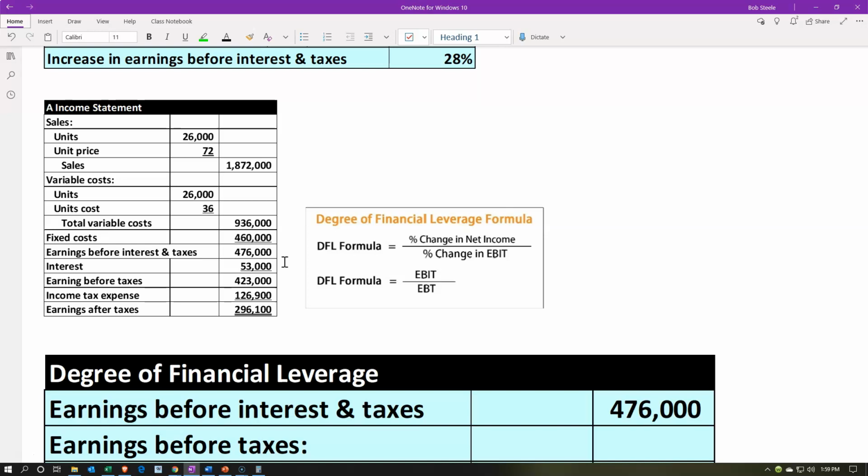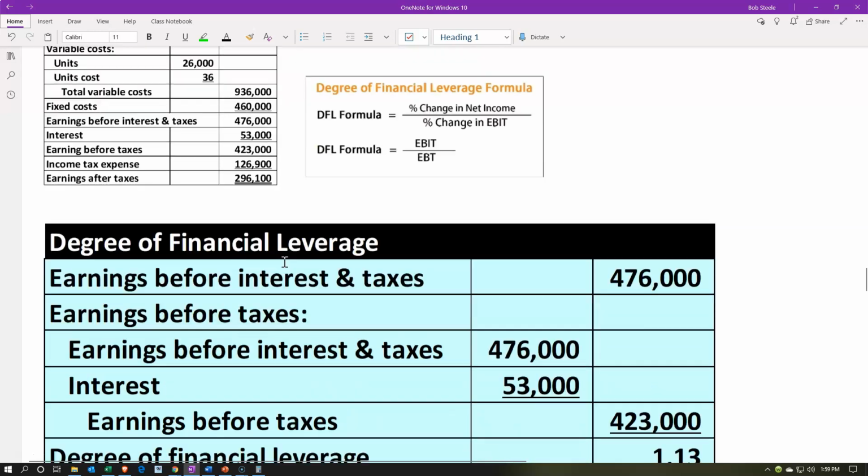There would be less risk involved related to the financial leverage due to the fact that now it's less material in relation to the sales amount.